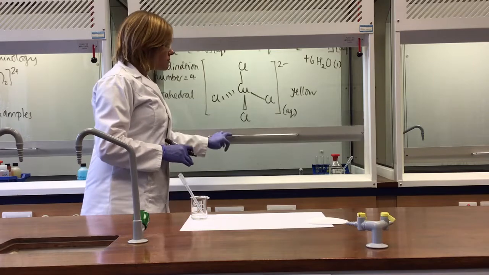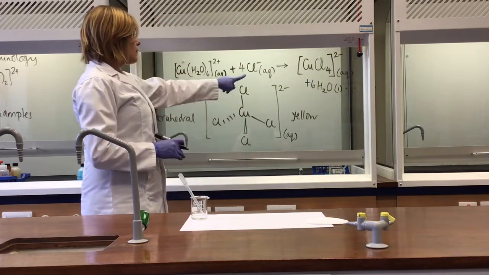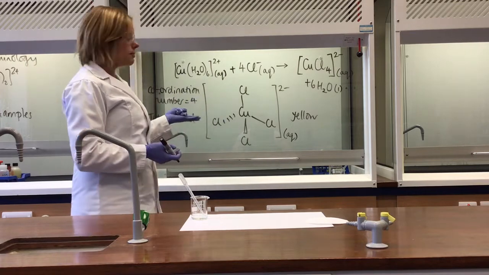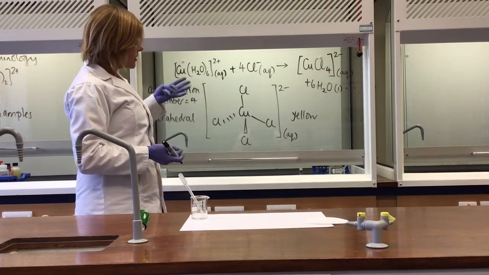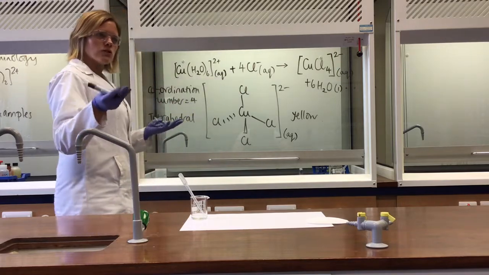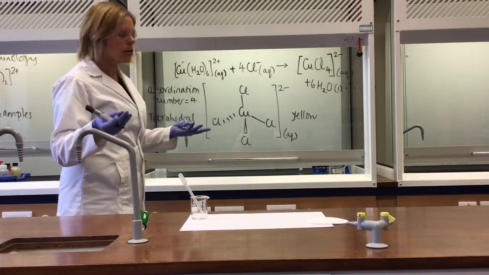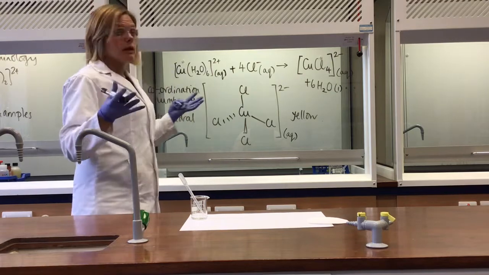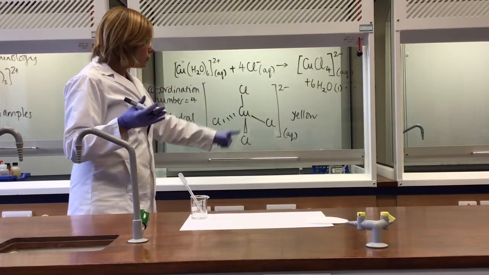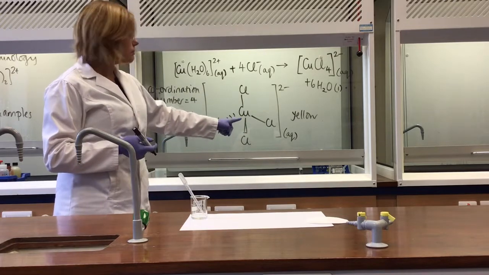Notice also that just by swapping chlorides for waters, we've changed the coordination number and changed the shape of the complex. The reason for that is reasonably straightforward. A chloride ion, Cl-, even though it sounds smaller than an H2O water molecule, is much bigger than a water molecule, and therefore we can literally only fit 4 chlorides around that central transition metal ion.